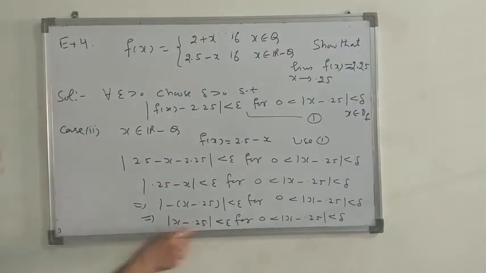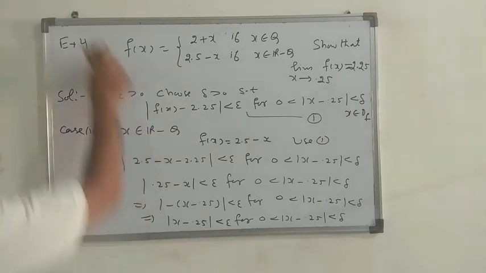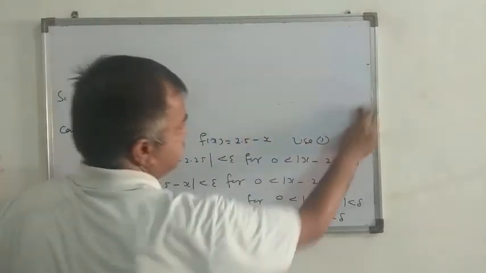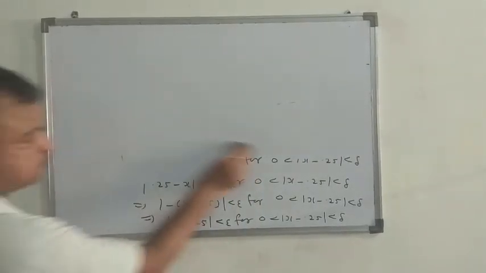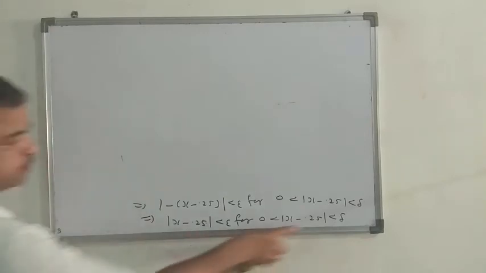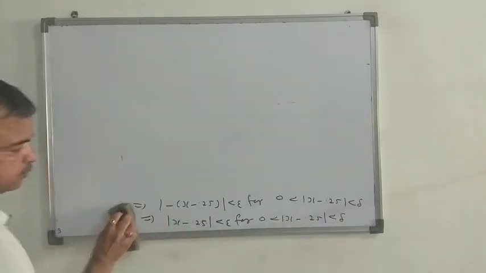Again these two quantities are the same, therefore we can choose delta equals epsilon. Therefore the limit of this function exists.